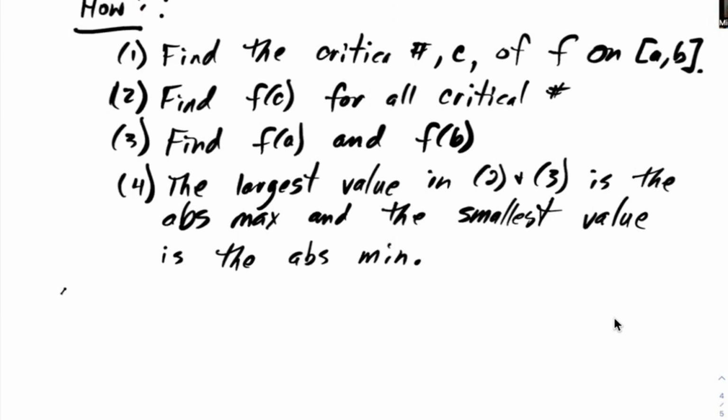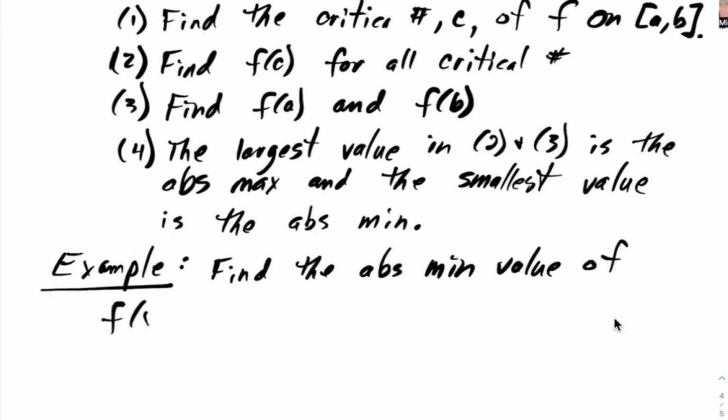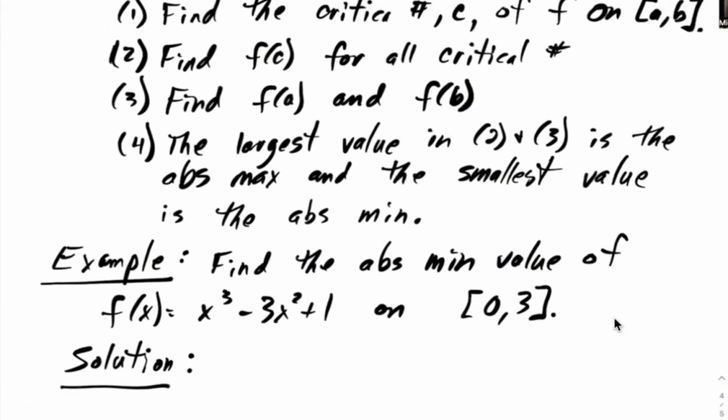So let me do an example of this. Let's find the absolute max and min of the function f of x equals x cubed minus 3x squared plus 1 on the interval from 0 to 3. We're going to follow these 4 steps. First, find the critical numbers.